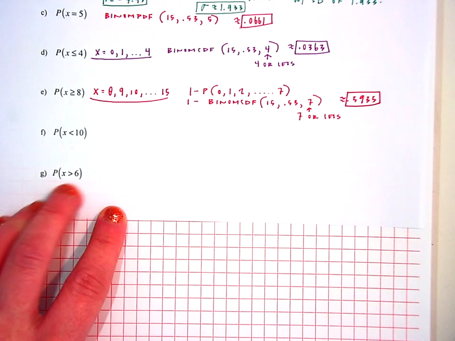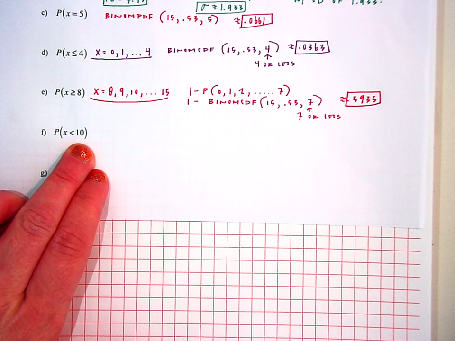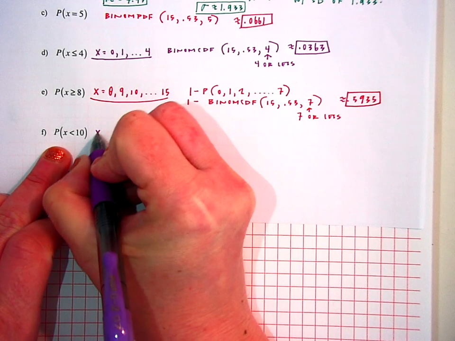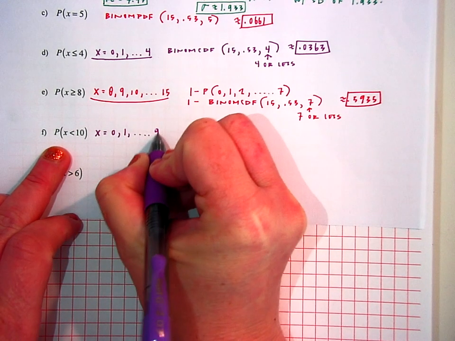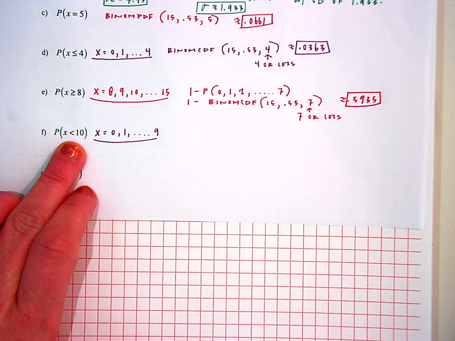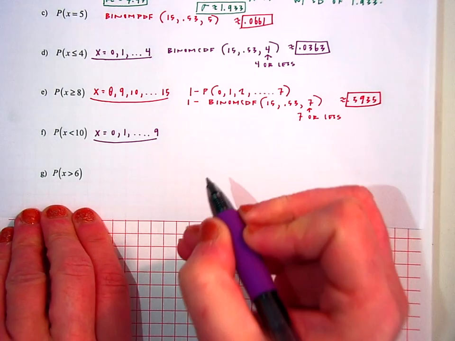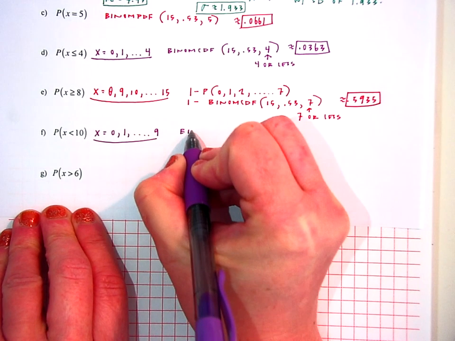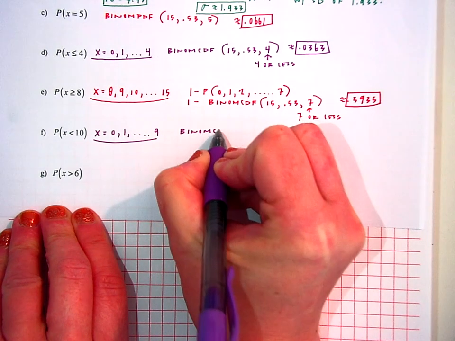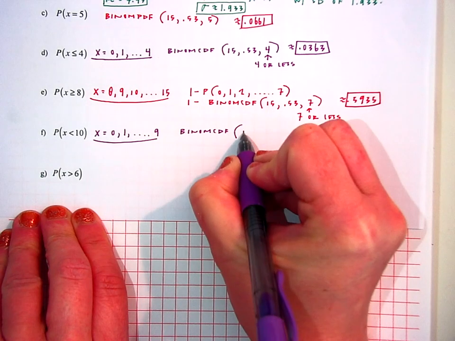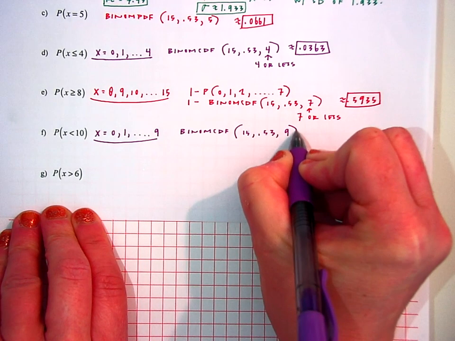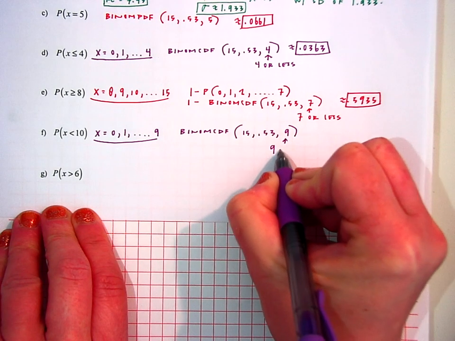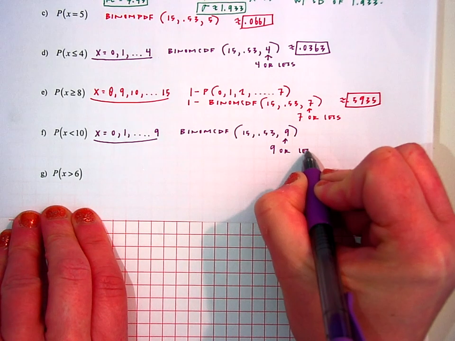All right, next up here, X is less than 10, so it does not include 10. So that would be 0, 1, all the way up to 9, right? Because less than 10 does not include 10. So here I can go straight to binomCDF, 15, 0.53, 9 or less.